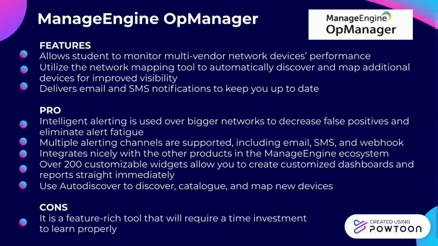Multiple alerting channels are also supported, including email and webhook. Over 200 customizable widgets allow you to create customized dashboards and reports immediately. And the con of using this is that it is a feature-rich tool that will require a time investment to learn properly.